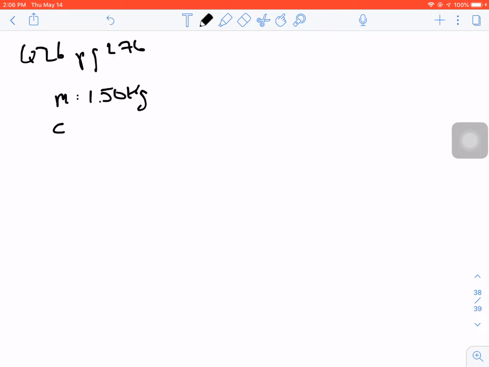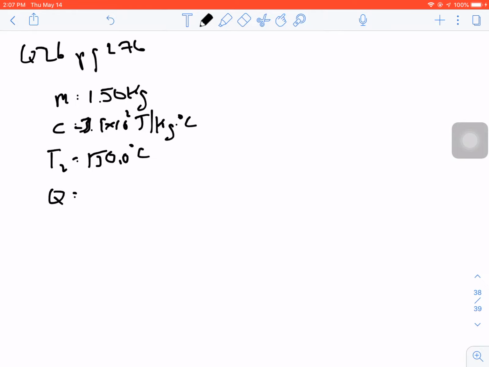We're told that it is copper, and the C value for copper, I believe, is 390, or 3.9 times 10 to the power of 2 joules per kilogram degree C. We're told the final temperature is 150 degrees C, and that the energy that was added, the quantity of heat, is 2.47 times 10 to the 4 joules.